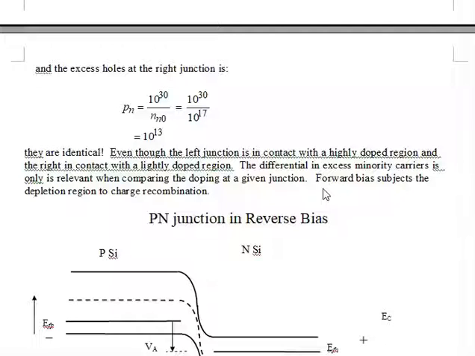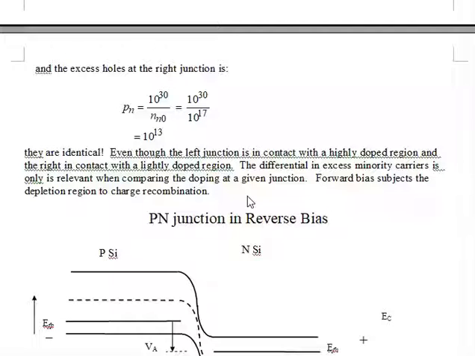We put in many, many more mobile charges than the structure wants, and therefore the structure says, I need to try to restore equilibrium, and the way to restore equilibrium is through charge recombination. It's basically applying Le Chatelier's principle.